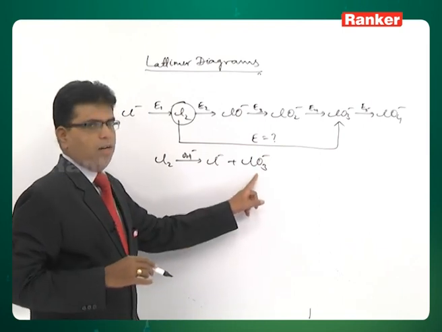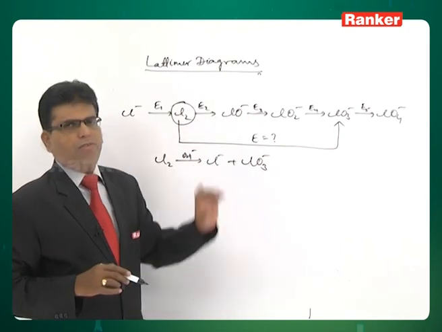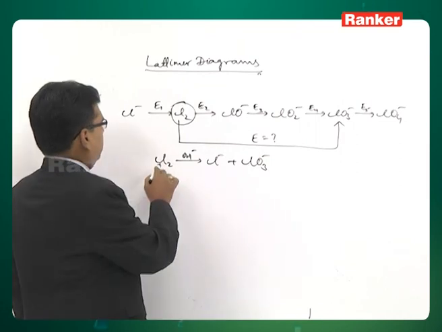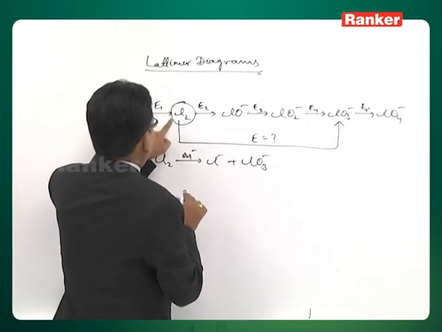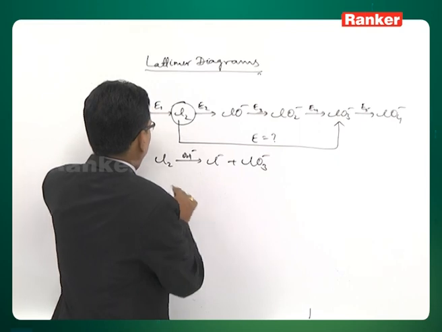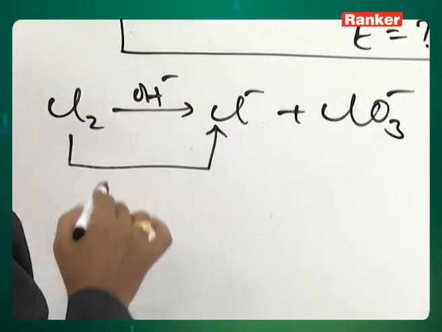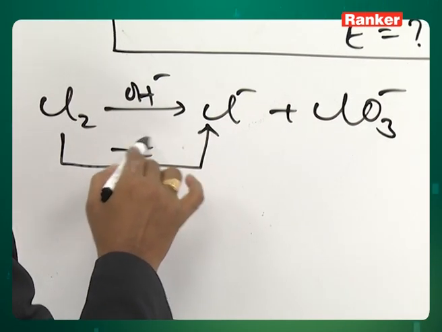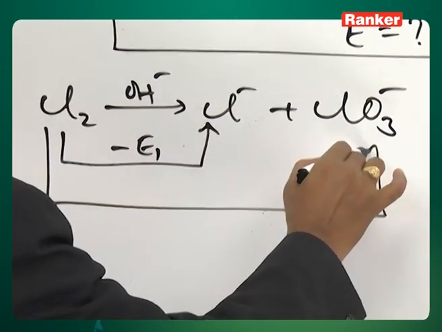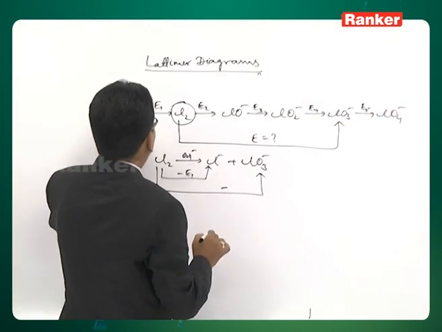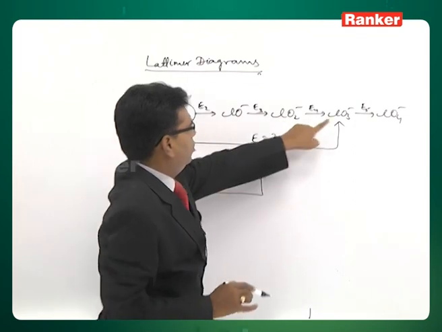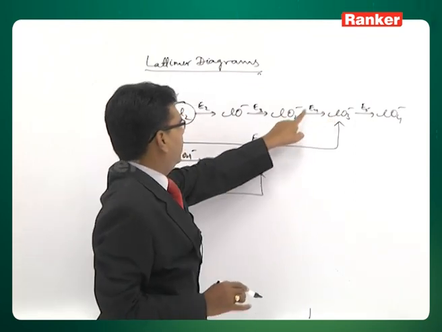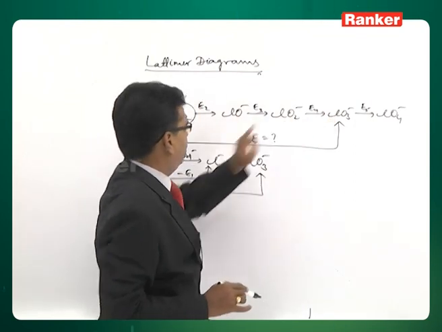Now, whether this is feasible or not feasible with the help of EMF values, how do we determine? Now, Cl2 to Cl minus, it is E1. So, for this it is minus E1, and for Cl2 to ClO3 minus, that is E2, E3, E4.